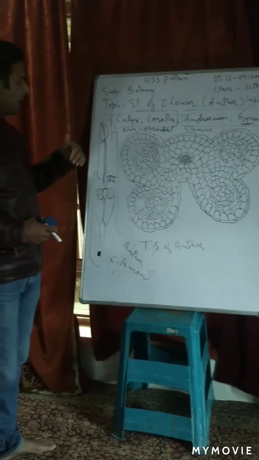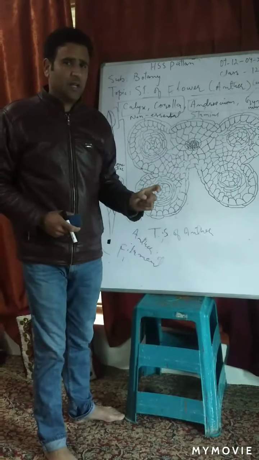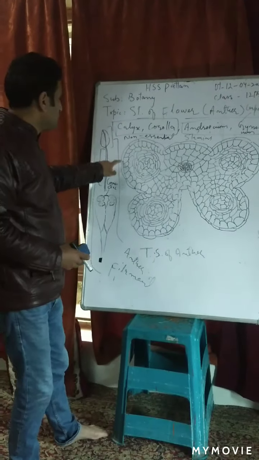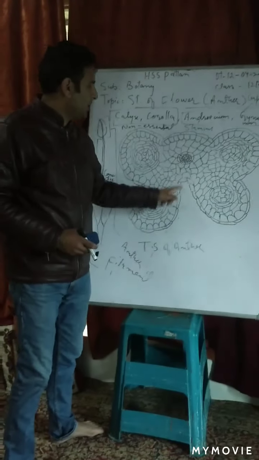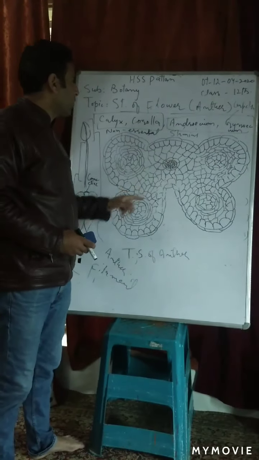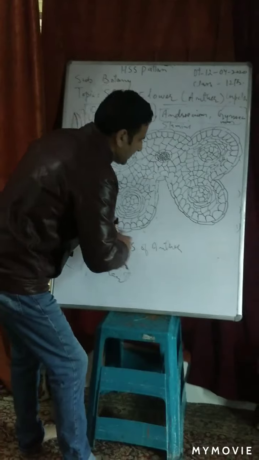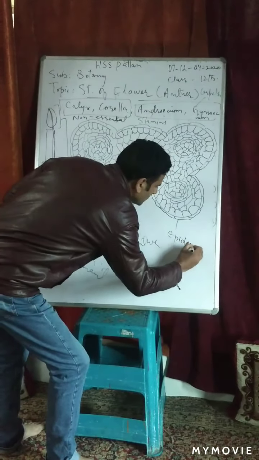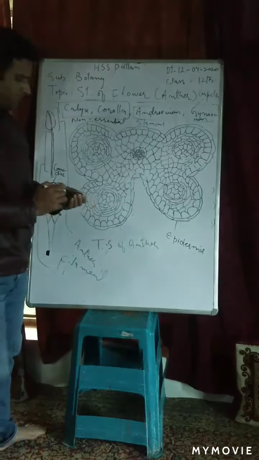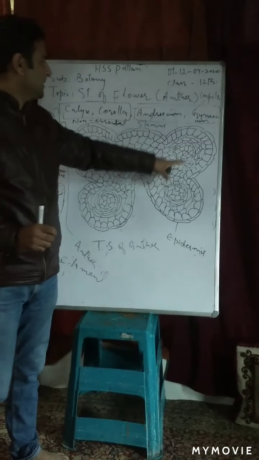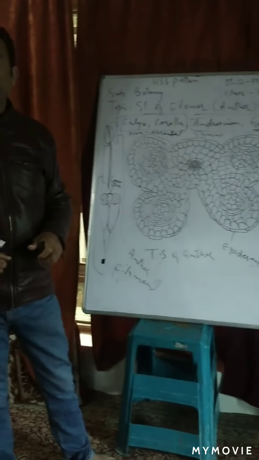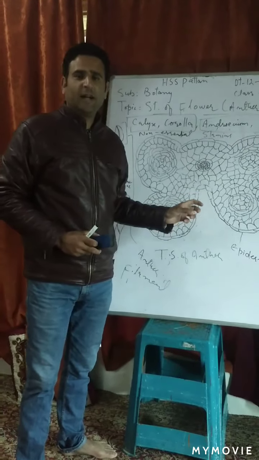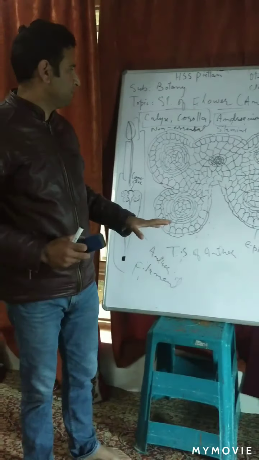Now let us try to understand the structure of each microsporangium. The first layer of cells that surrounds all the 4 microsporangia is called the epidermis. The epidermis of this anther is made up of cells which are thin-walled and smaller in size.